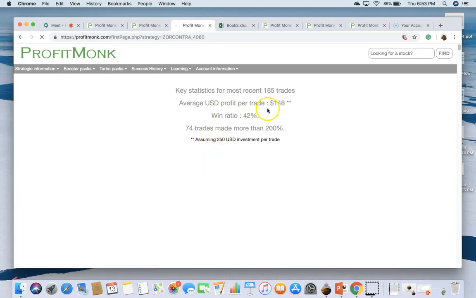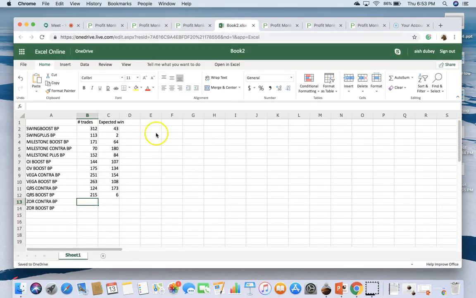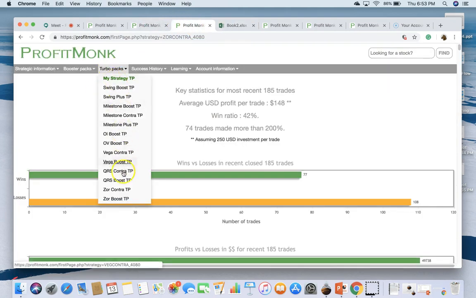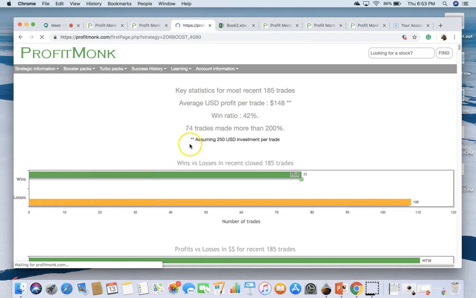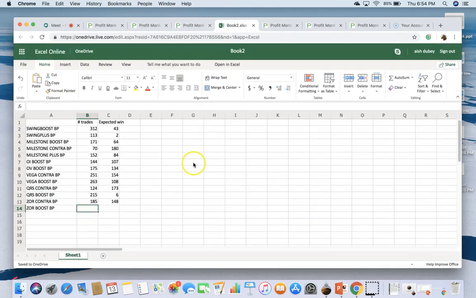This is 185, 148. And the next one is Zor Boost. Okay, where is it? And this is 204.66. So you have all this data. Okay, and I think these should all be TPs. So these are not BPs, so these are all TPs.